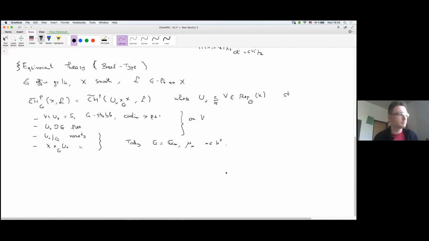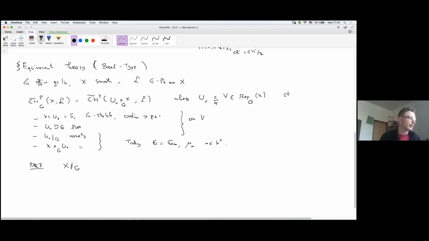So I'm doing fine with time, 15 minutes. A couple of remarks: this definition looks very ad hoc, but actually it does not depend on any of the choices that are made. The definition only depends on X and G, and to be honest, only on the quotient stack X mod G. Meaning that if you have another quotient stack Y mod H and the quotients are isomorphic, then the Chow-Witt groups with coefficients are isomorphic.